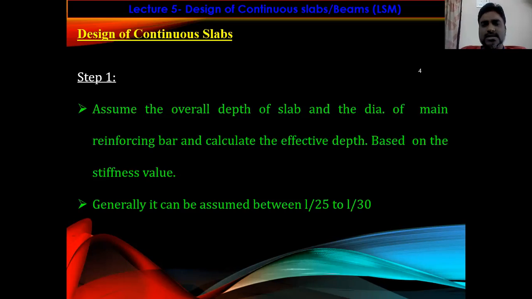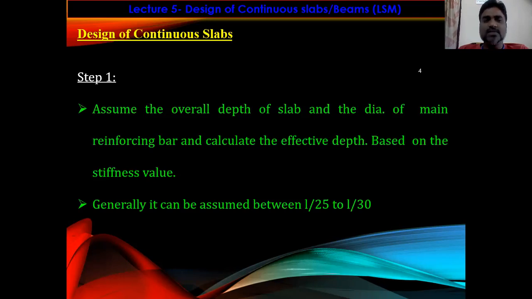So in general practice for continuous slabs, we can assume the L by D ratio, that varies from L by 25 to L by 30. This is only the general practice, right? Whatever value you want, you can choose based upon your experience, right? From that you can determine the dimensions of the member.